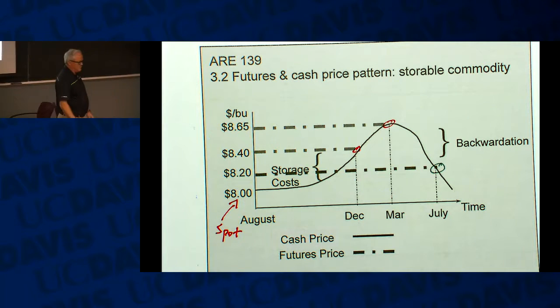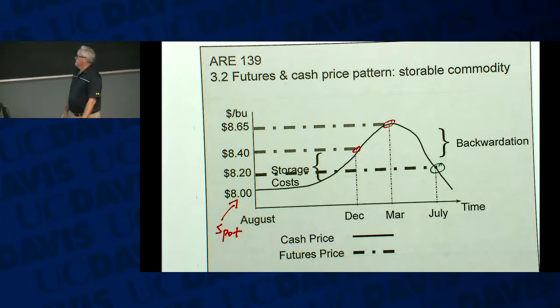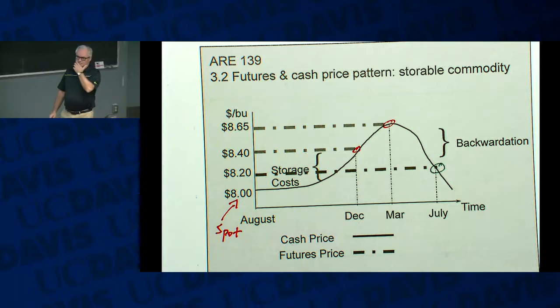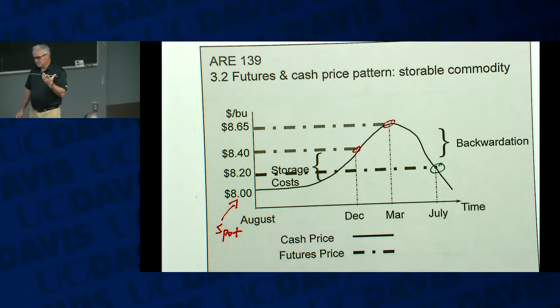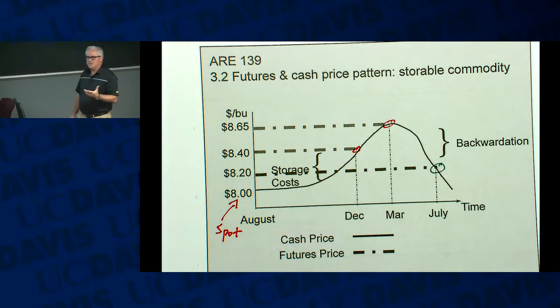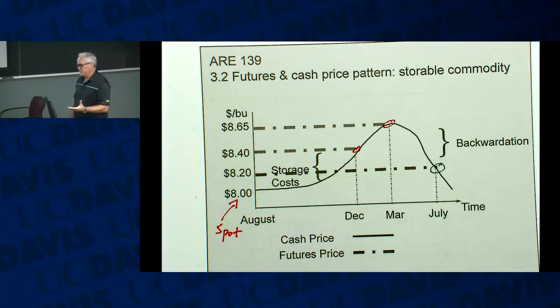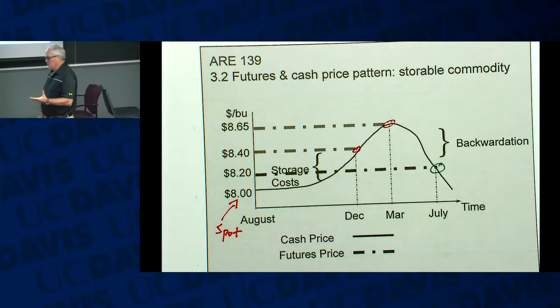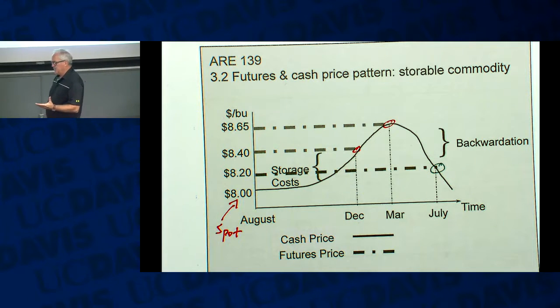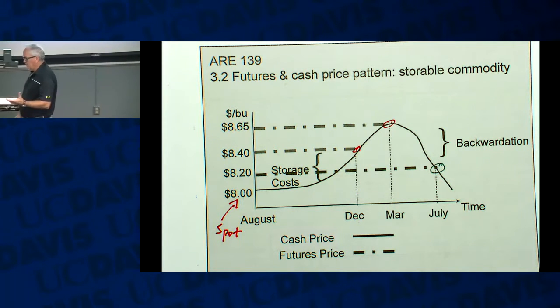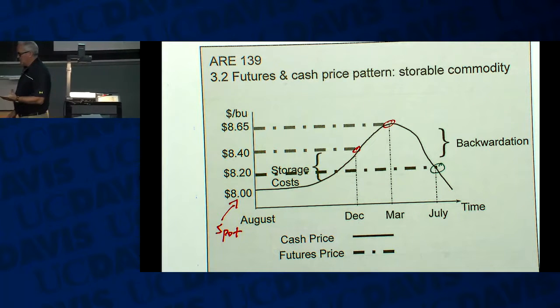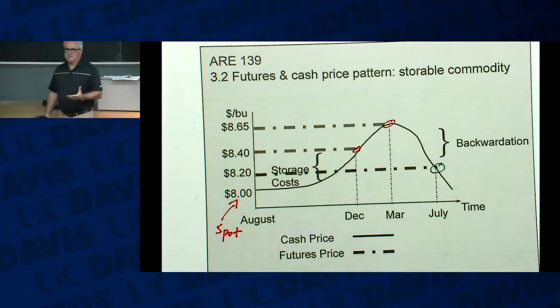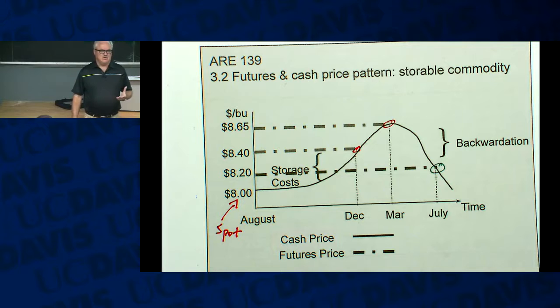Why is March higher than December? Why is December higher than August? Well, it's the wheat market. It's a storable commodity. Remember when I talked about the history of futures trading, how this institution developed? It had a lot to do with the marketing of wheat in the Midwest, where everybody wanted to sell the wheat at the same time right after harvest.